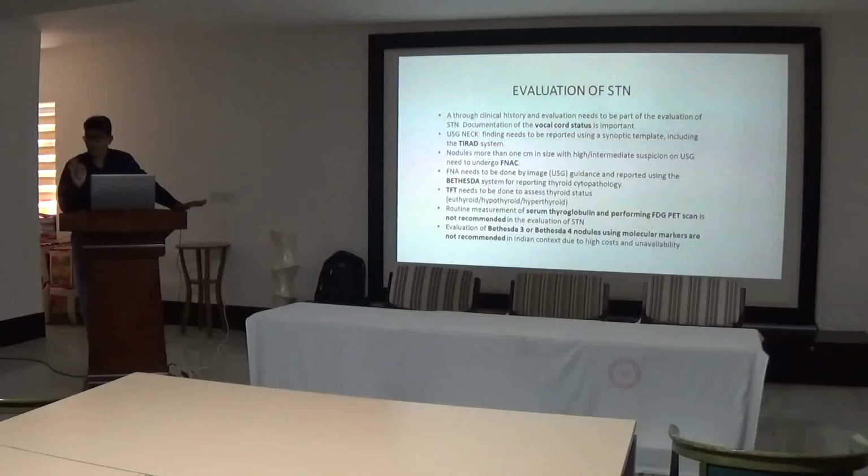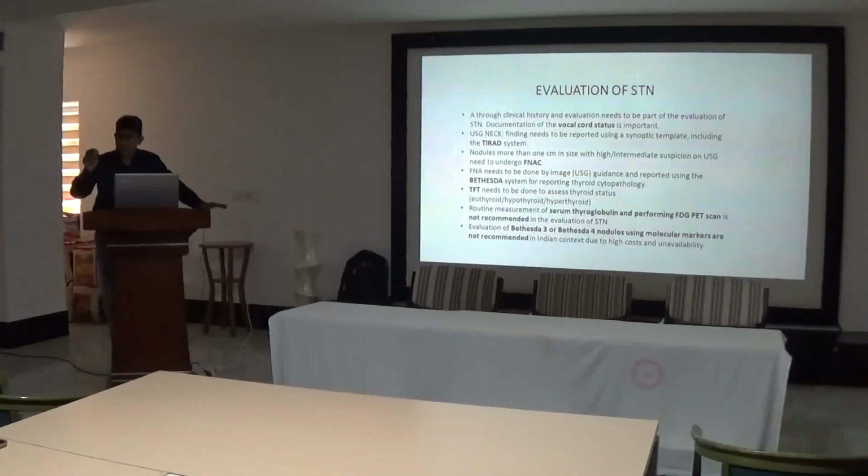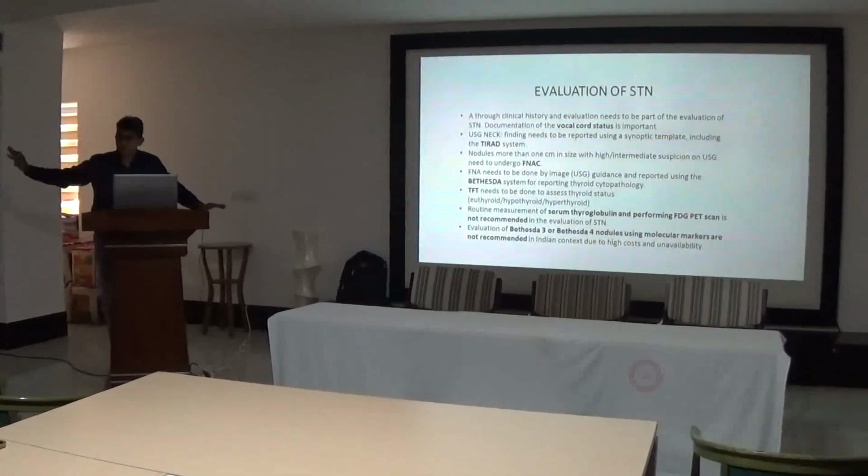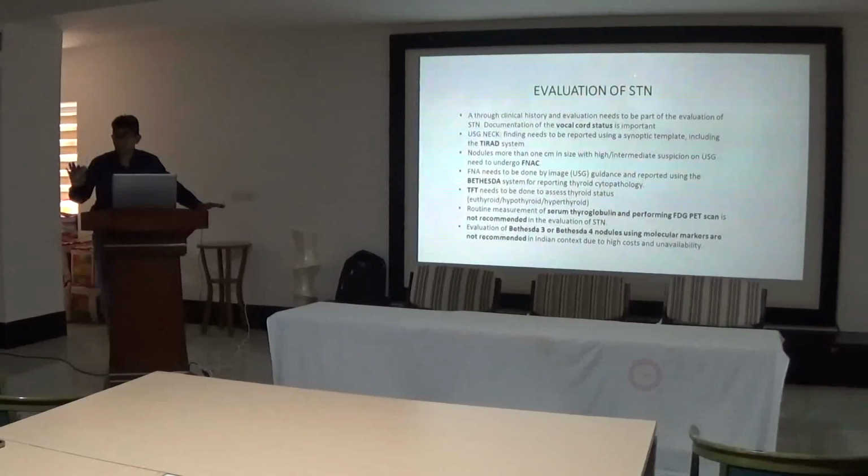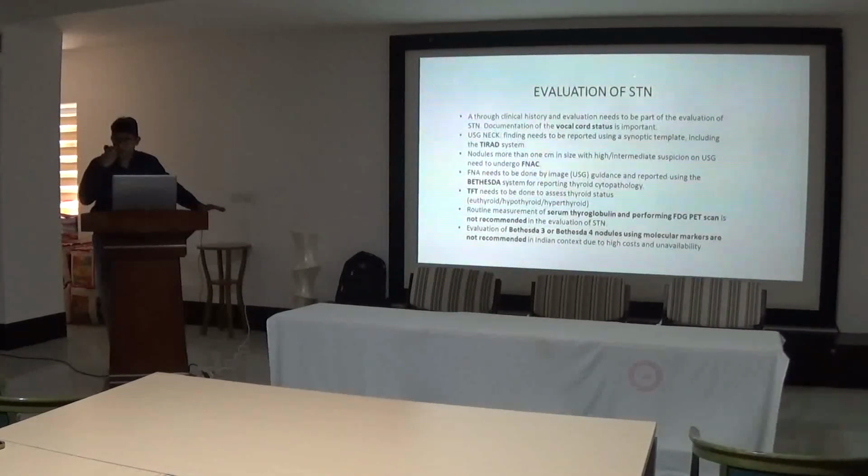Do it under sono guidance so that you hit the proper tumor, not the cyst. Sometimes the whole nodule is a cyst. In that case, you do aspiration cytology, form a cell block, and you can get the report on that cytology also. Treatment of a thyroid cyst is slightly different from a nodule, which we can discuss later also.